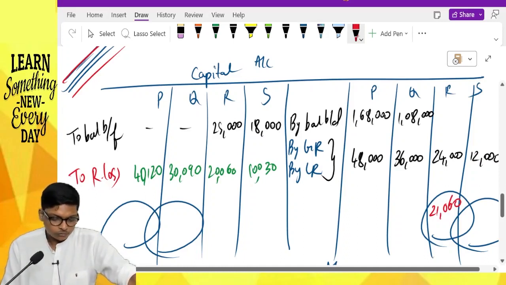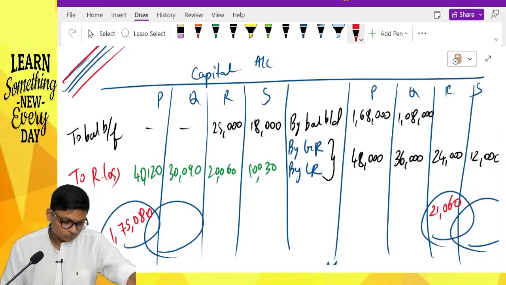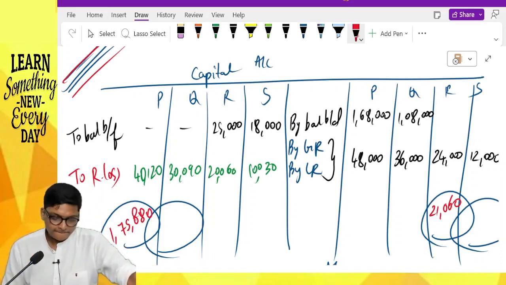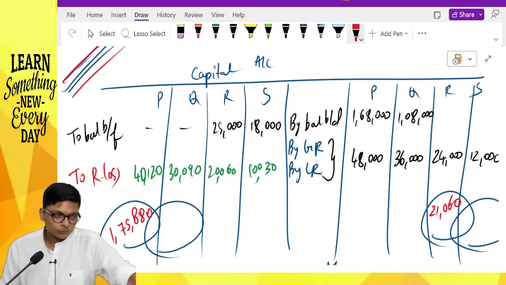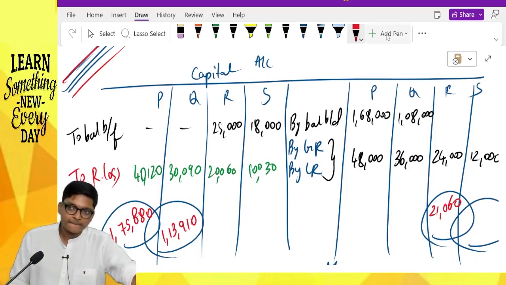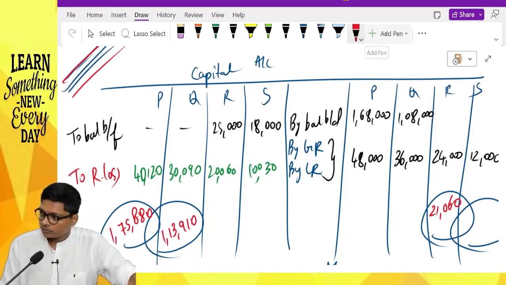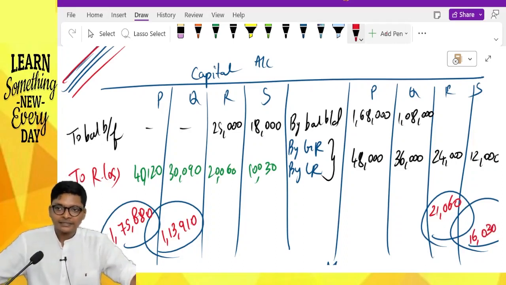And the credit side is 1 lakh 75,880. You don't write it. Please don't write. So P was 1,13,910. See the machine. 16,030. Okay, done guys.